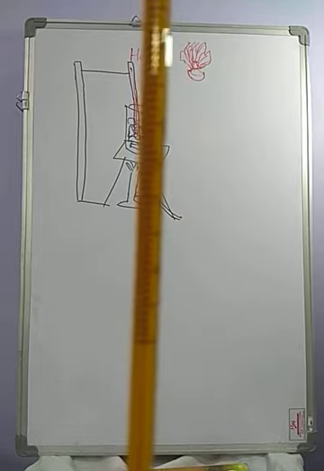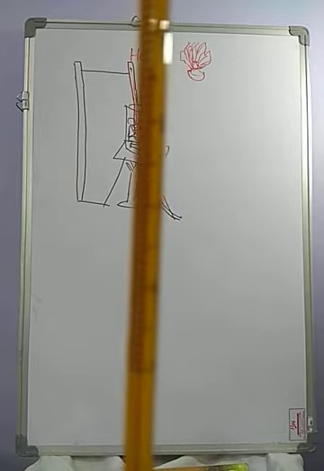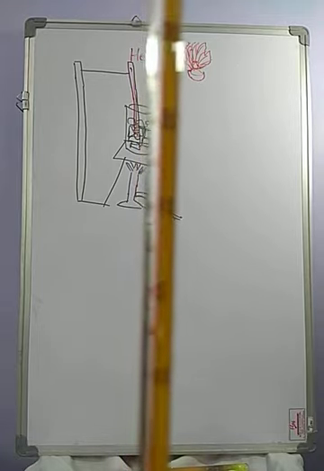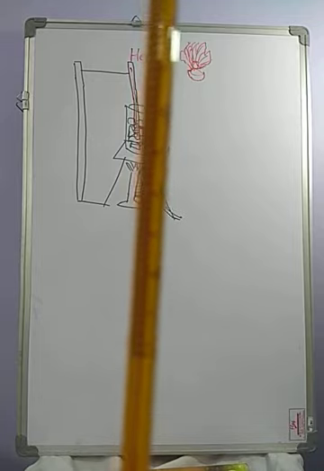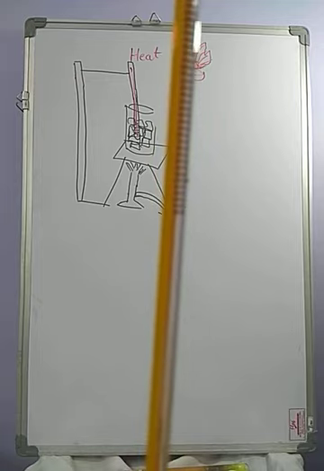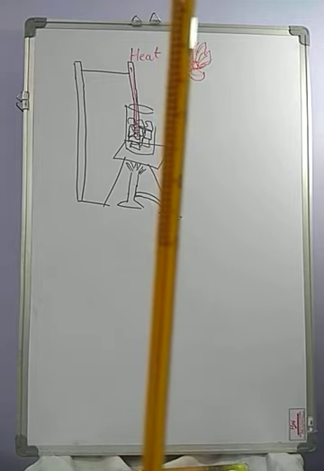You can see the red line, and it is 28 degrees now. Yesterday it was 30 degree. When I inserted this thermometer inside the beaker, what happened? The temperature fell up to 3 degree.